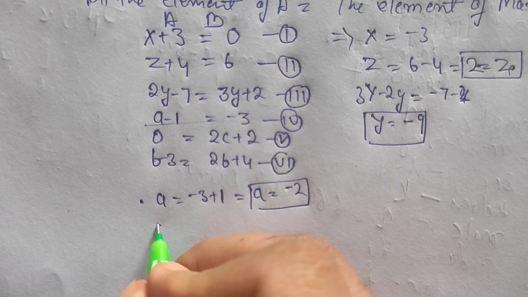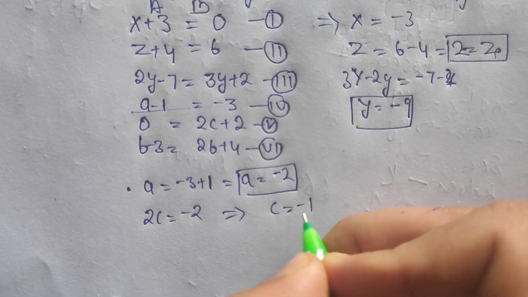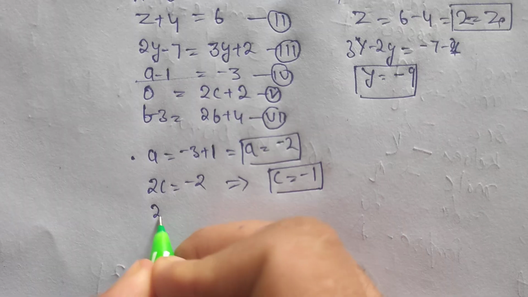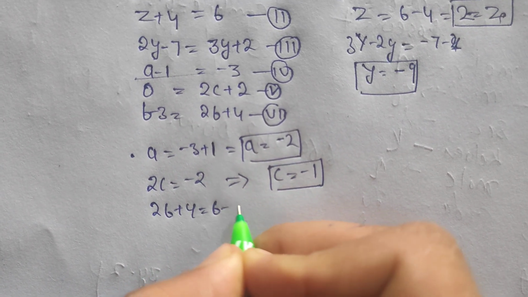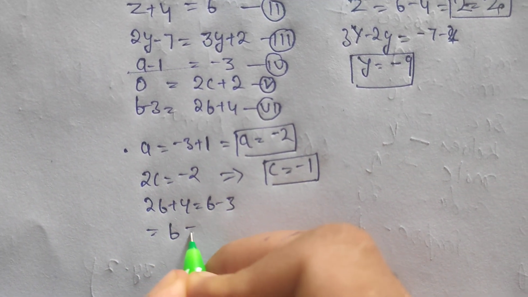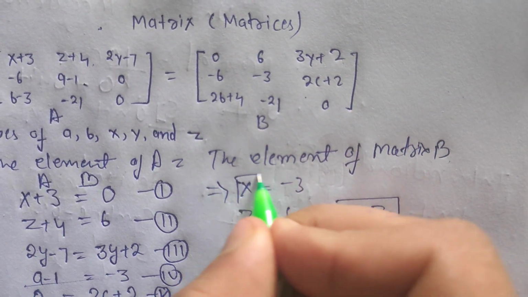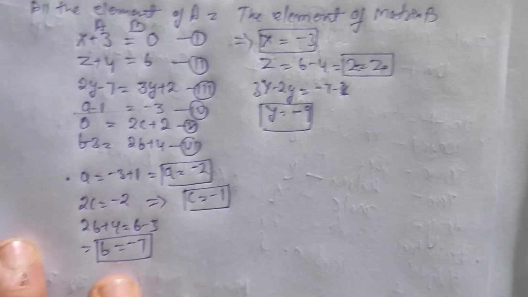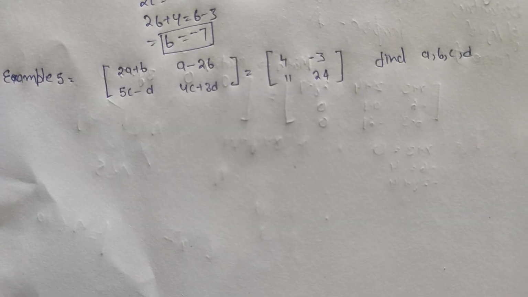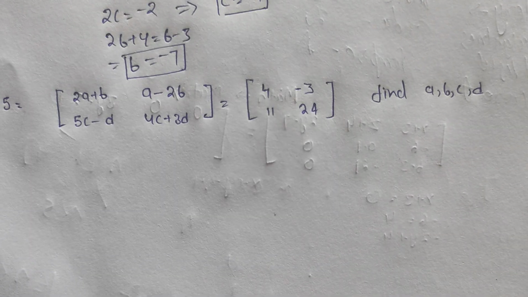In equation 5 we get 2c is 1 minus 2, so this implies c becomes minus 1. Similarly, 2b plus 4 equal to b minus 3, and we get b equal to minus 7. So all the values a, b, c, x, y, z we obtain are minus 3, 2, minus 9, minus 2, minus 1 and 7.